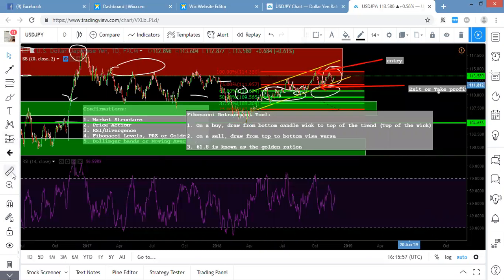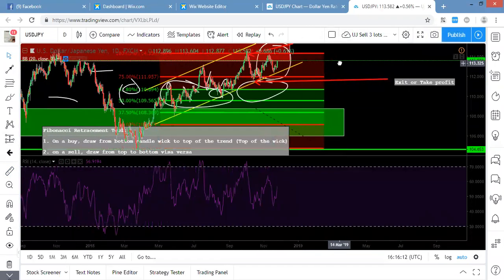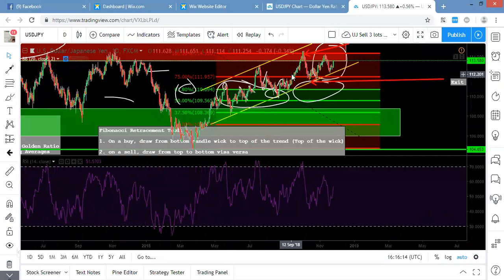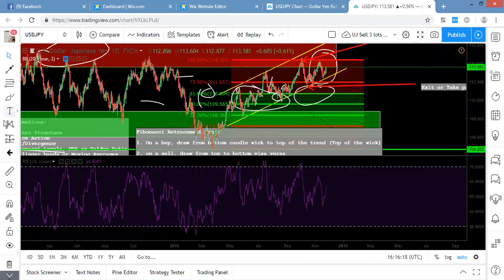So if I go ahead and use my handy dandy ruler here and I grab that top entry right there where we entered the market and draw it up 50 pips, see, we're pretty far up into there. I want to go ahead and zoom in so we can really see what's going on here. I want to put my stop loss.